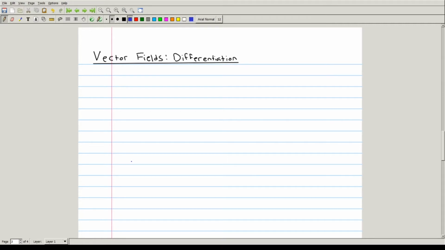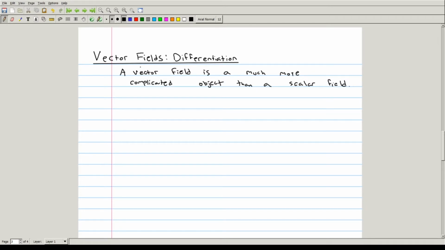And we mentioned before that a vector field is an object that is much more complicated than a scalar field. And the reason for this is twofold.